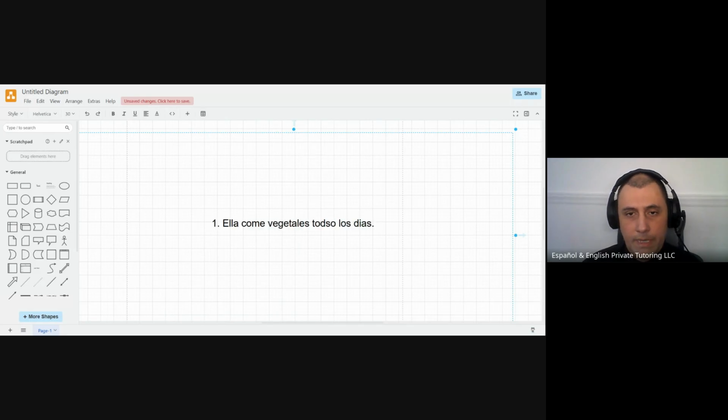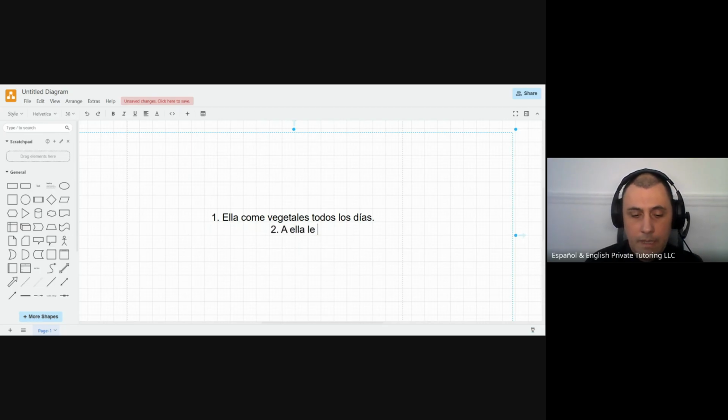Ella come vegetales todos los días. And the second sentence is: A ella le gustan los vegetales. A ella le gustan los vegetales.